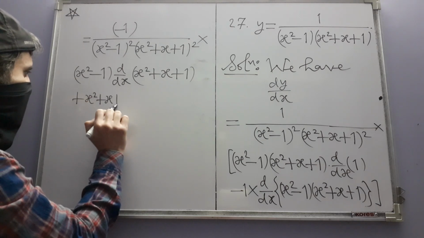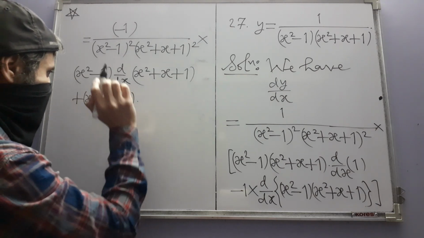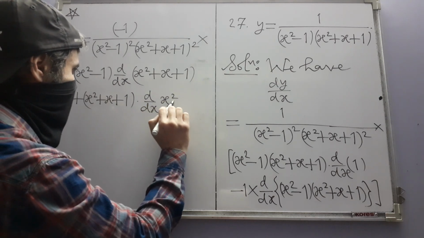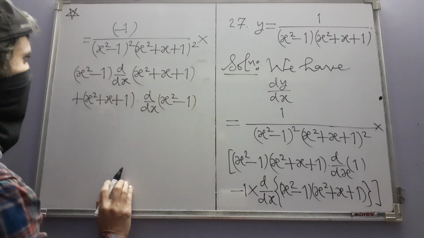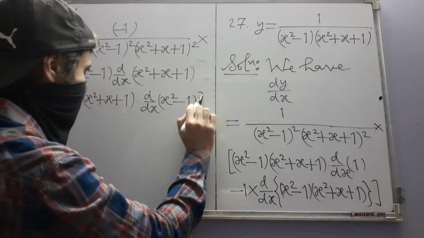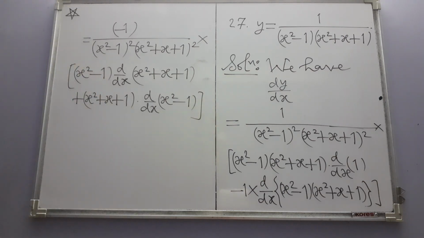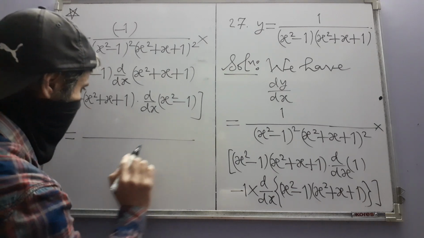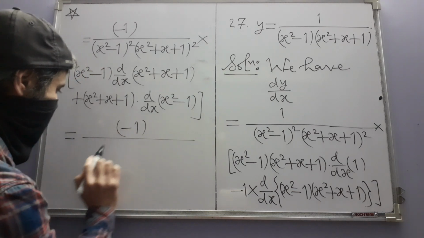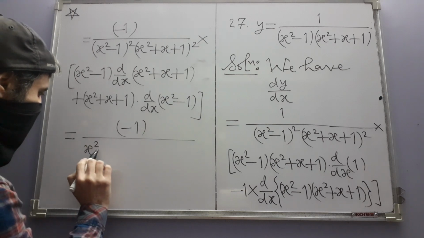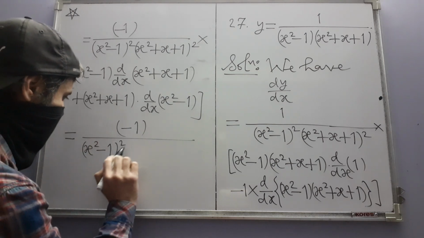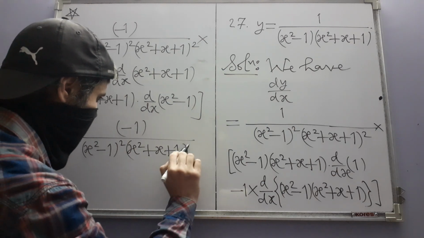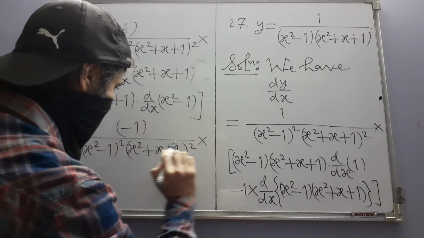Then I keep x square plus x plus 1 unchanged and multiply that by the derivative of x square minus 1. Okay. Now what shall I get? Times.